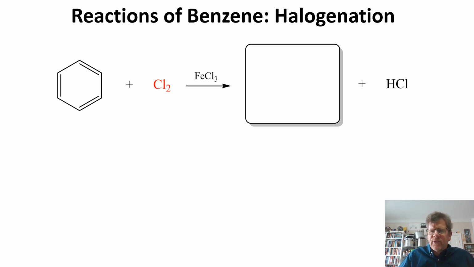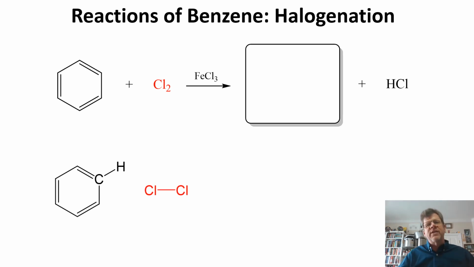So let's look at this, and we'll enunciate the business end. One of the carbons on this benzene ring I'm going to enunciate, meaning I'm going to show that carbon and the hydrogen attached to it. And also Cl2 is going to become Cl, covalent bond, Cl, just to be able to see this substitution.